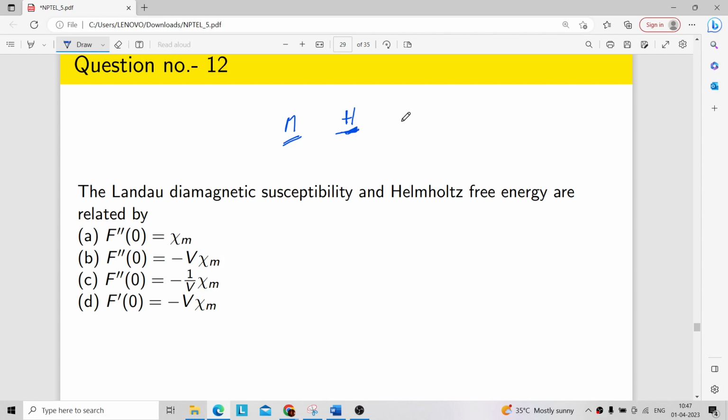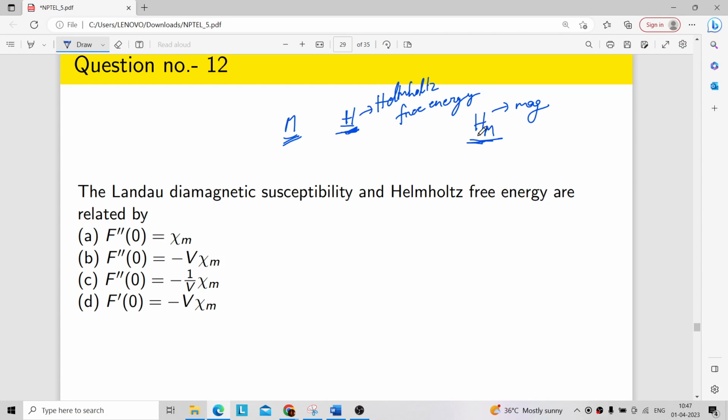Helmholtz free energy, I should give some different notation for the applied magnetic field. Then let's write it as H. This is the applied magnetic field, and this is Helmholtz free energy. Then what is the relation between this M and H?